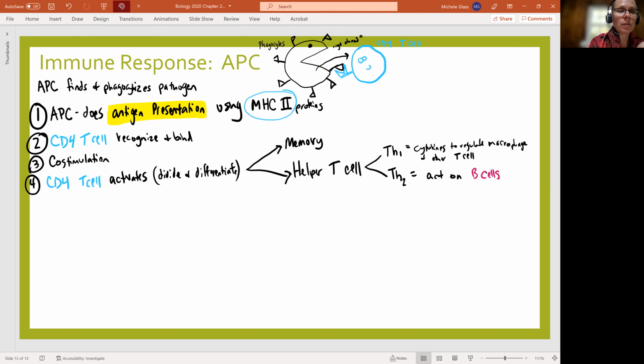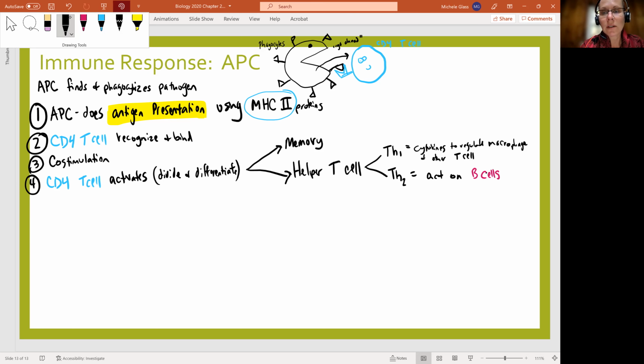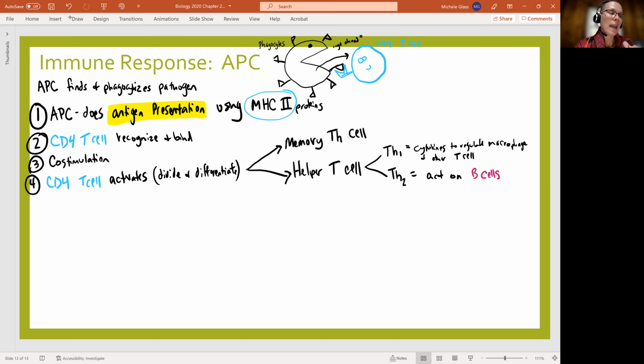So when I go back up to my memory, we're making memory helper T cells. So I'm going to do my capital T, little h for abbreviation. And this is the same significance that we had before. Anytime you see the memory cell, it's not active in the primary immune response, but it's active in the secondary immune response, meaning all subsequent exposures.